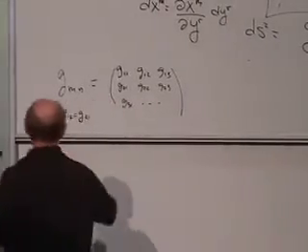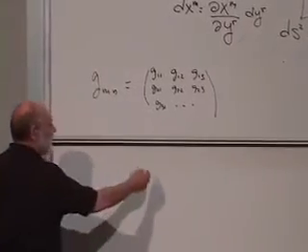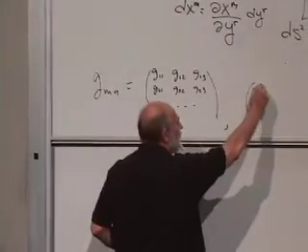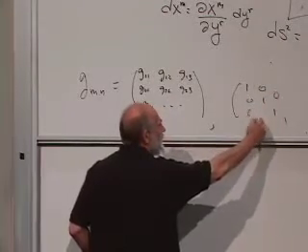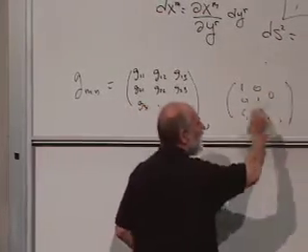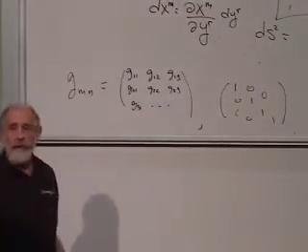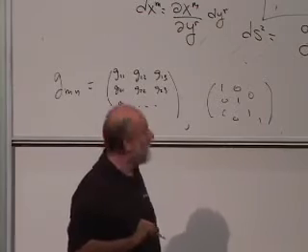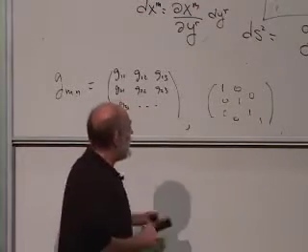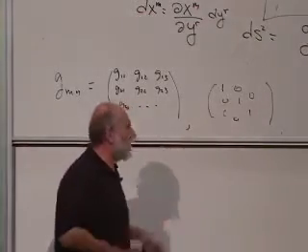The unit matrix in this notation is, of course, the matrix 1, 1, 1, 1 with all zeros, however many components there are.